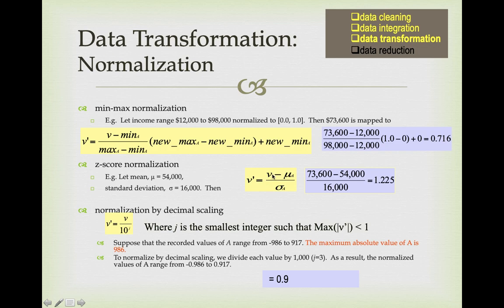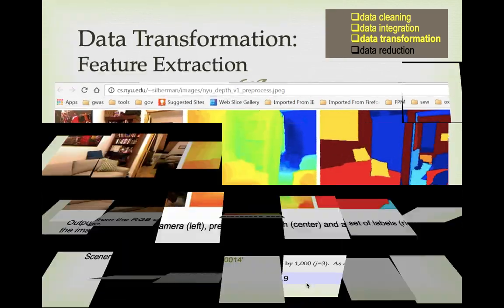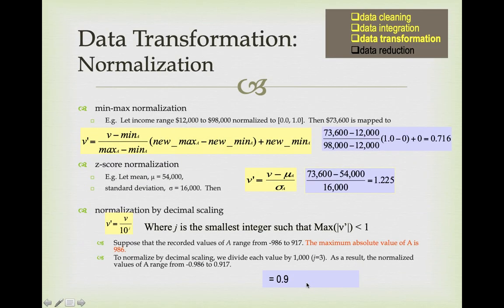Okay, so v is still here. This is the value of v minus the mean of a. The mean of a is 54,000, divided by the standard deviation of a, that is 16,000, equals 1.225.